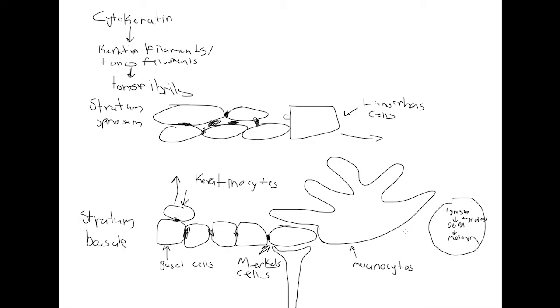Something important to note is that the melanin production in these melanocytes can be controlled by a hormone called MSH. So melanin production is regulated by MSH. The full name is melanocyte stimulating hormone.